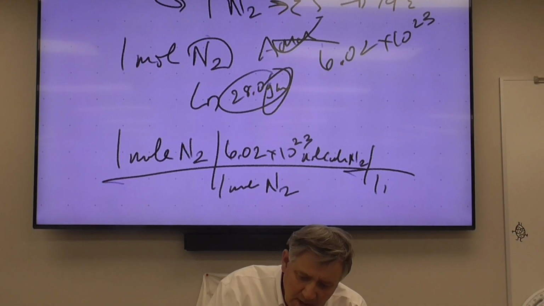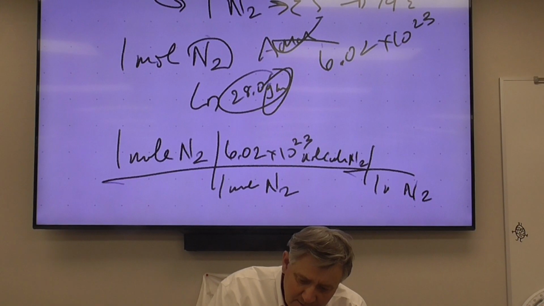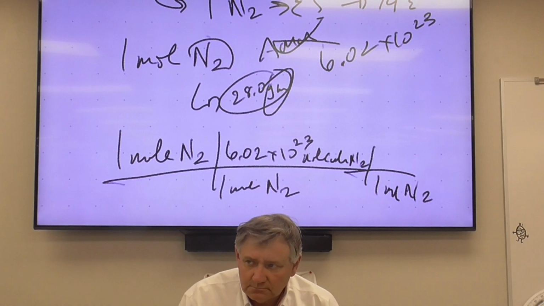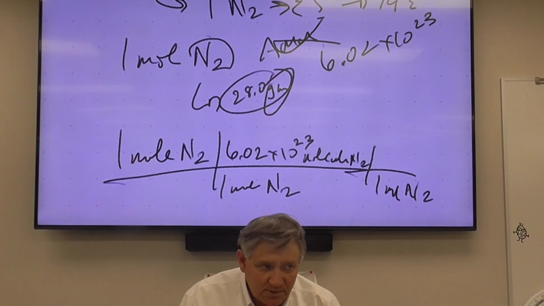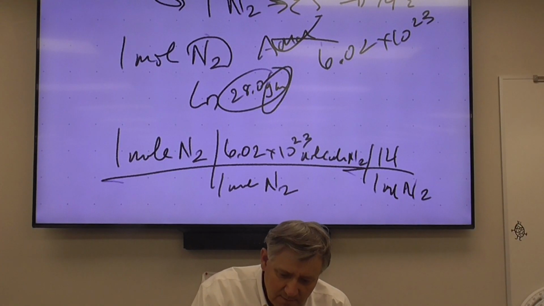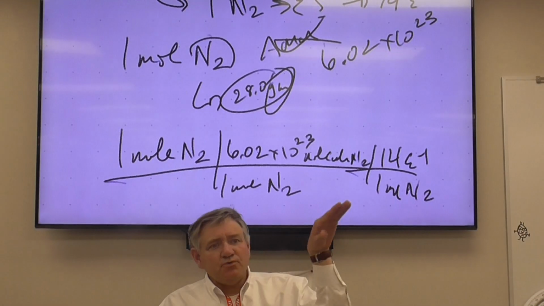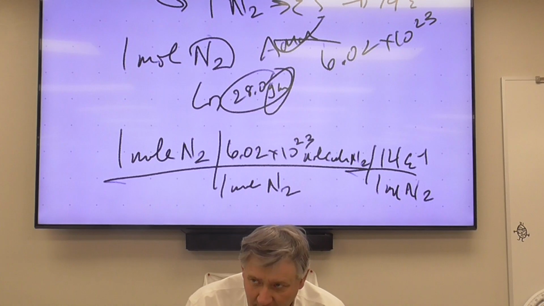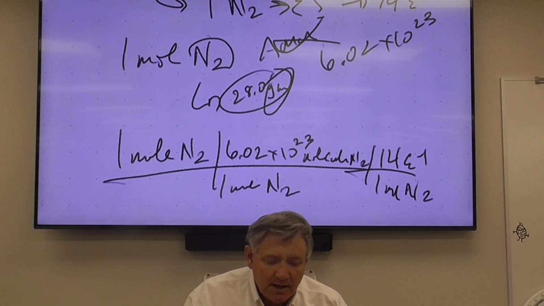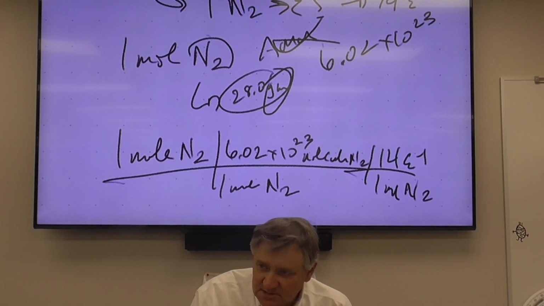Now, each molecule of nitrogen contains how many electrons? 7 or 14? 14. So if I stop right now, what would my answer be?